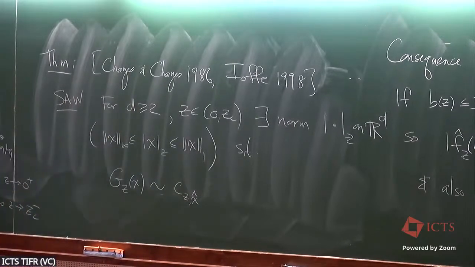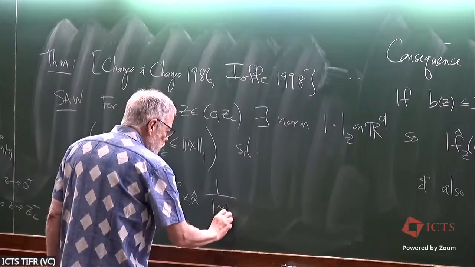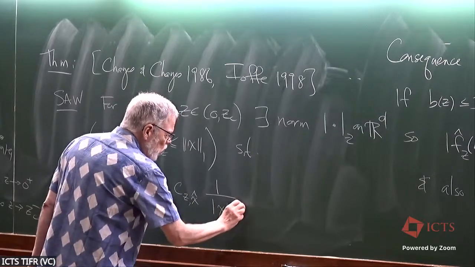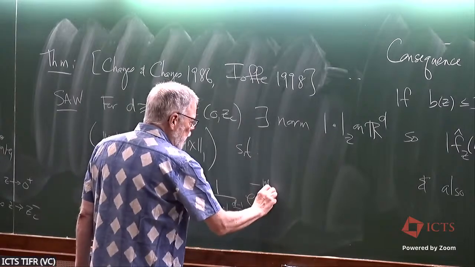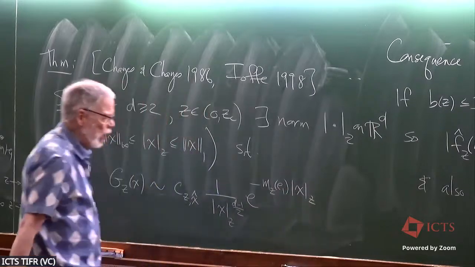The unit vector pointing in the direction of x I'll denote by x hat, times 1 over the norm of x to the (d minus 1)/2, e to the minus m_z(e1) times the z norm of x.